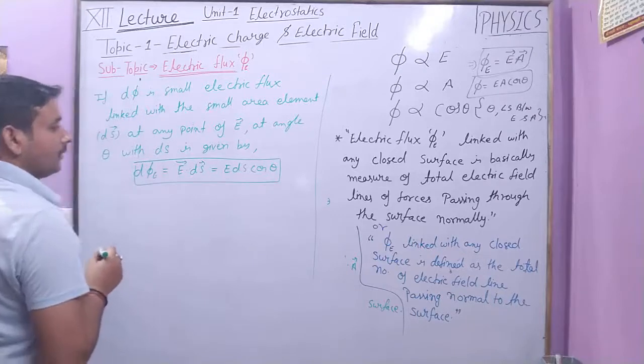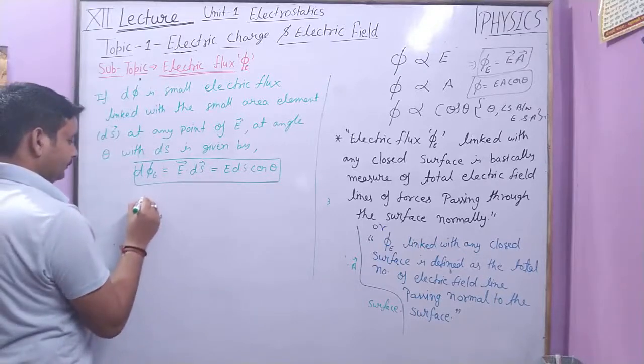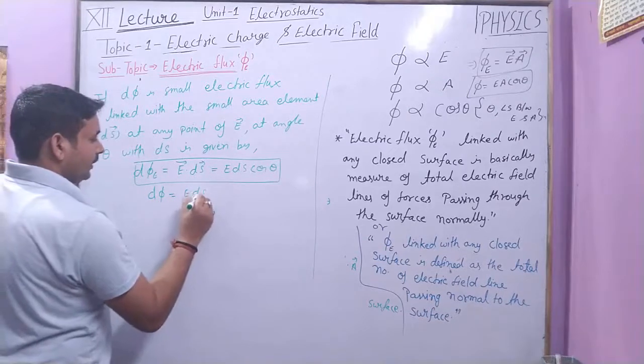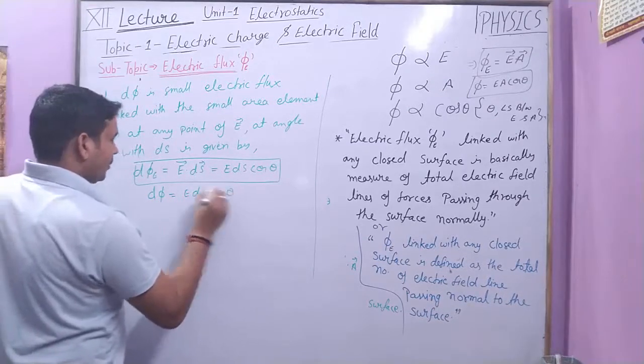Okay, that is d phi is equal to E dS cos theta.